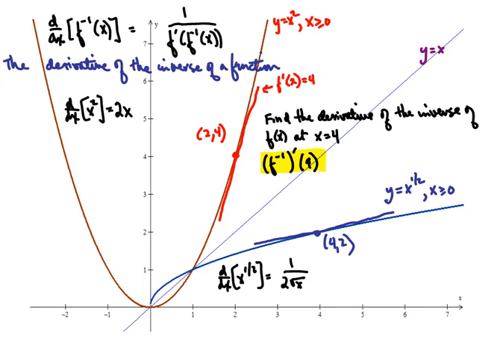So we need to find the x coordinate that goes with a y value of 4. In this case it's 2. So we would say f inverse of 4 is 2. And so that would be 1 over the derivative of f at 2. And since f prime of 2 is 4, we get a derivative of 1/4.